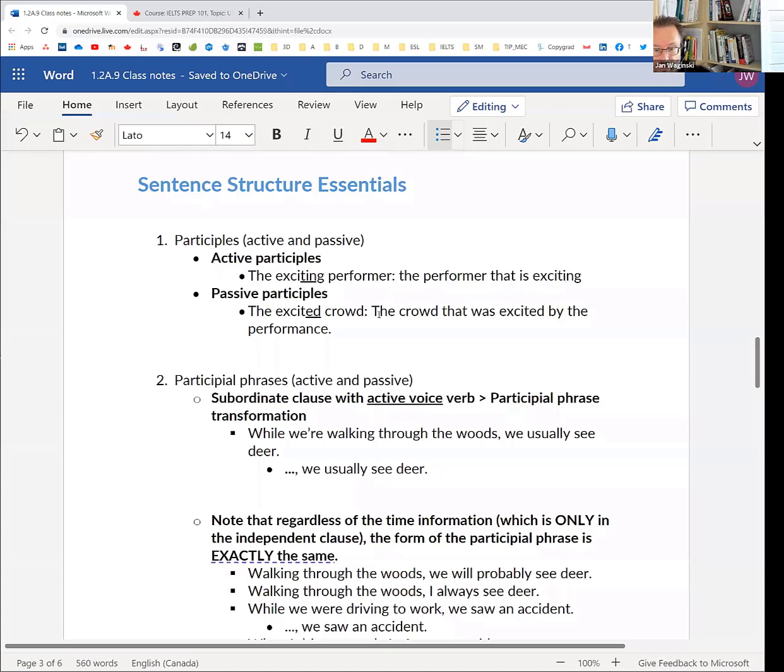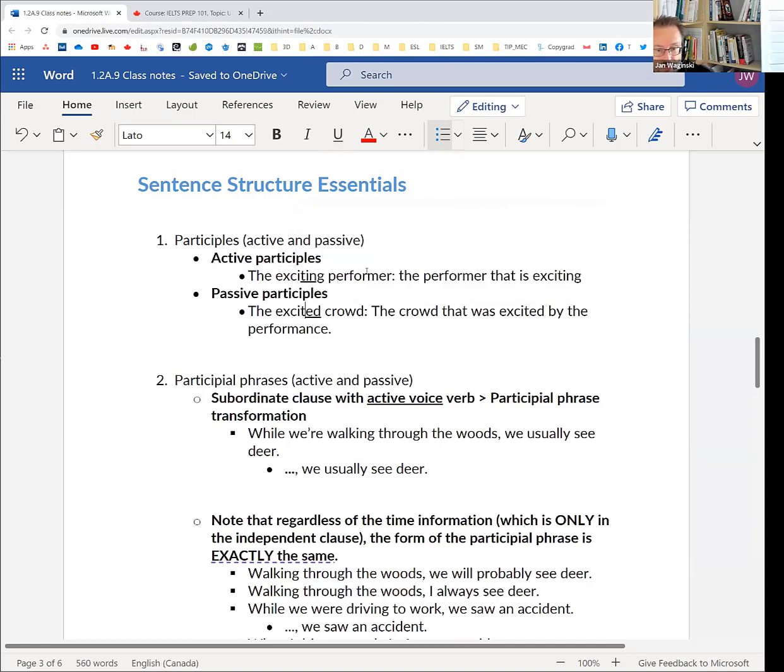And here, the excited crowd, the crowd that was excited by the performance. So it has a passive sense here, and here it has an active sense. So when you just use it as a simple adjective, it maintains that active and passive sense.